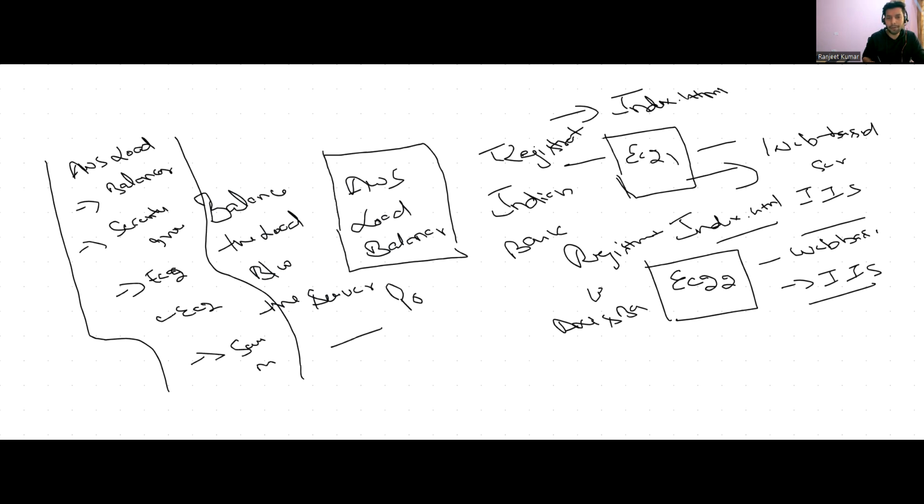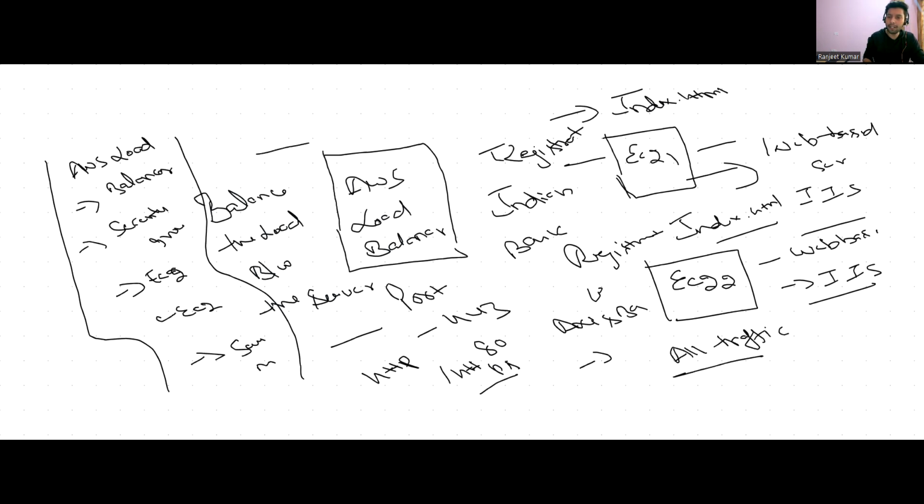For example, we are going to enable port 443 and port 80. For HTTP we are going to enable, and HTTPS we are going to enable, and all traffic also we are going to enable.